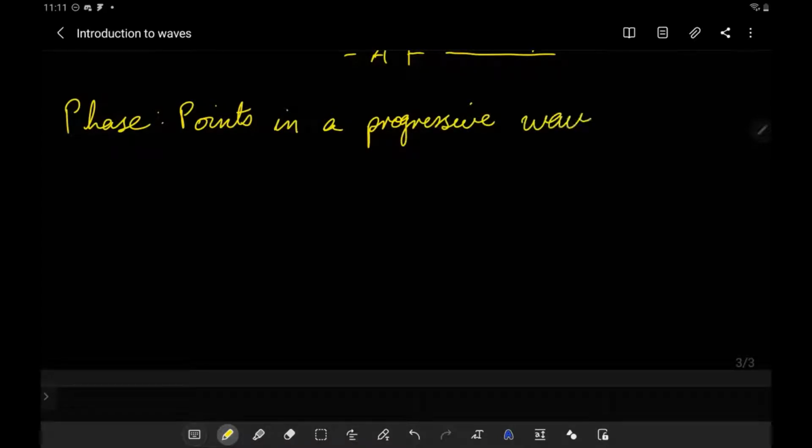Remember, we defined last time what a progressive wave was, and if you missed that, you can look at the previous video. So points in a progressive wave are in phase.